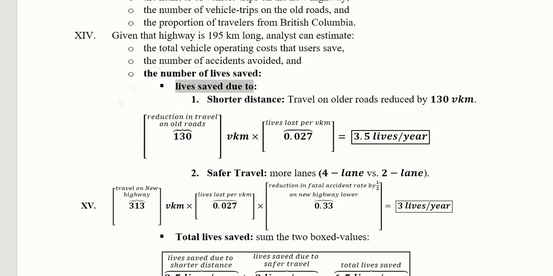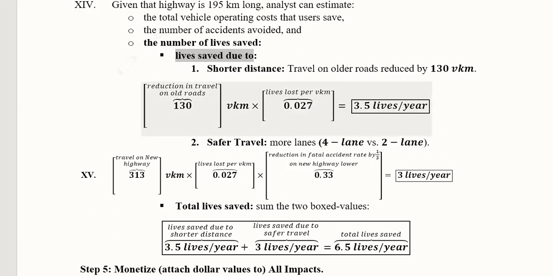The lives that are saved, they are basically saved due to two reasons. One is that the distance is now shorter. Assuming that the newer highway is shorter, the travel will also reduce, and that will reduce by 130 vehicle kilometers.